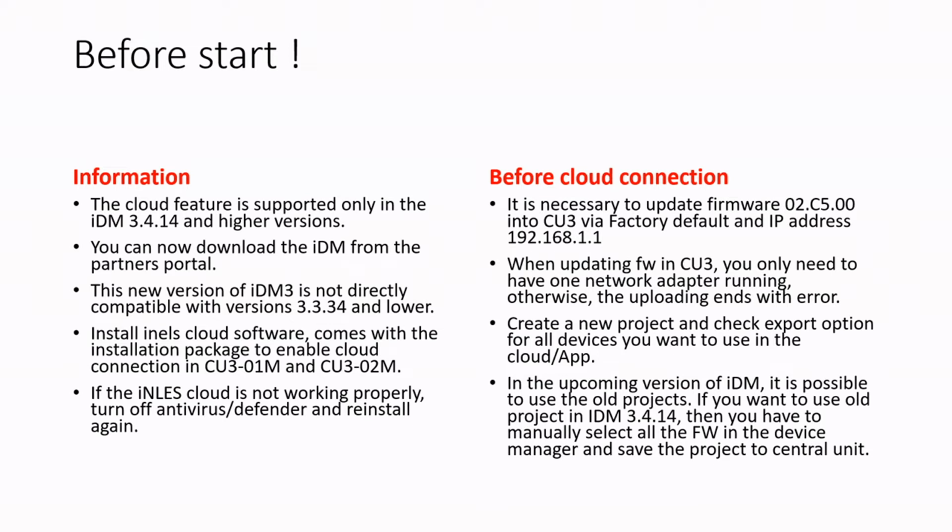It will work. The version IDM 3.4.14 is not directly compatible with the older IDMs. So projects created in an older IDM version will not work in IDM 3.4.14, but in newer IDM versions like 3.4.15 the backward compatibility is there.